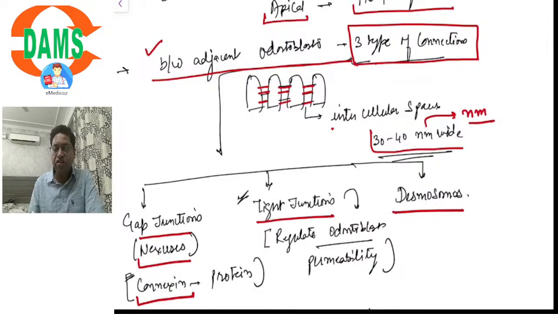The tight junctions and desmosomes are the other 2 types of connections. The tight junctions are important in the sense that they regulate the permeability of the odontoblast layer. There is selective passage of molecules and ions from one odontoblast to another, from the odontoblast layer to the subodontoblastic layer, and this passage of molecules and ions is regulated by the tight junctions.